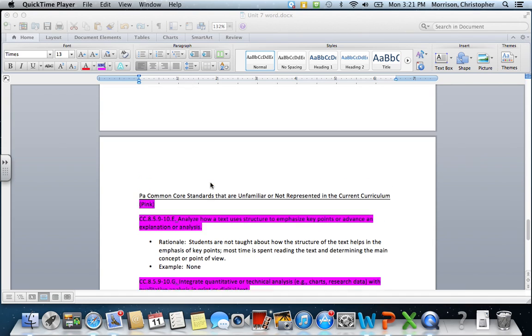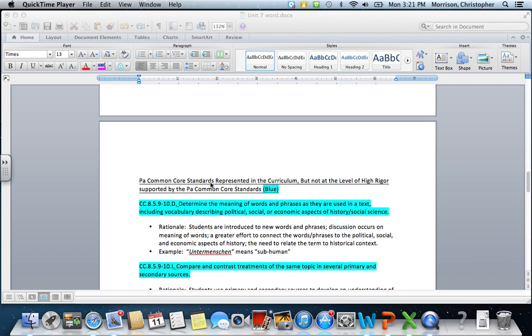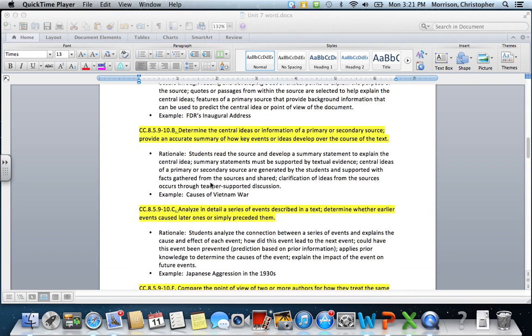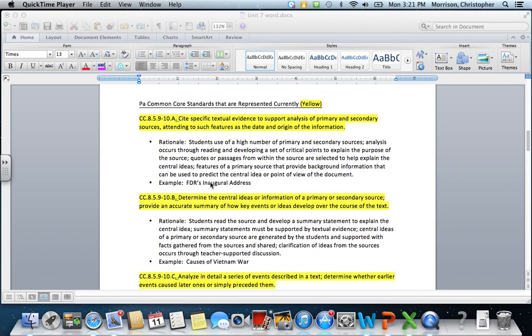So to begin, I will move back to the yellow standards. What I decided to do is, for each of the standards for the yellow, blue, and pink, include a rationale for the standard. Really, I thought I needed to prove to myself that these standards are ones that I do accomplish.